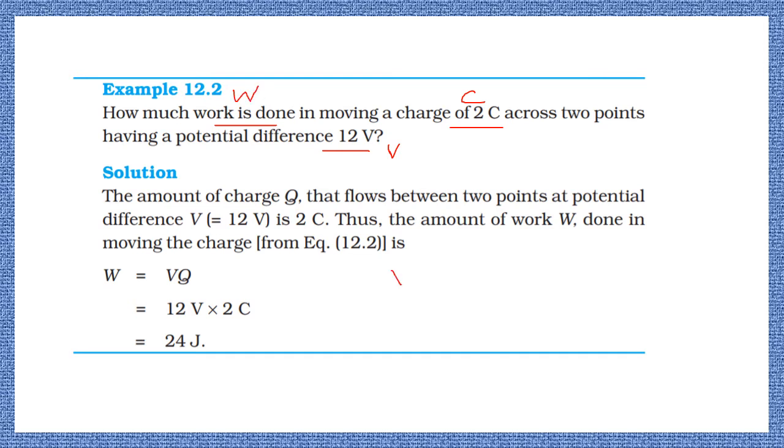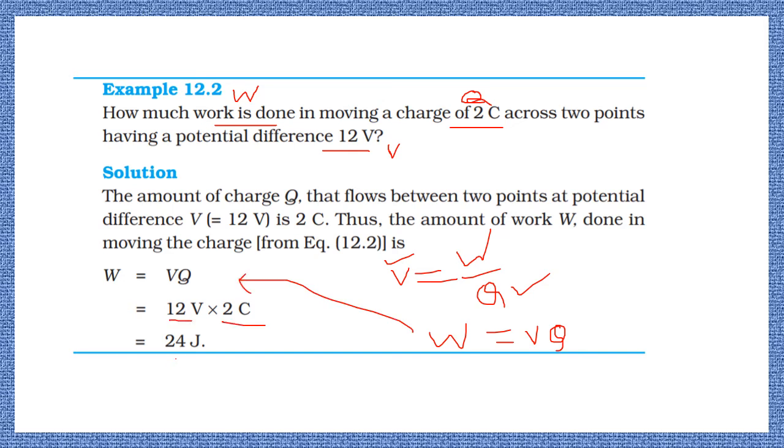Use the formula V is equal to W upon Q. Here the value of V is given and the value of Q, which means charge, is given, and you have to find out the value of W. So by cross multiplication you can write W is equal to VQ, and this formula is used over here. Put the value of V, value of Q, and the answer is 24 joule.